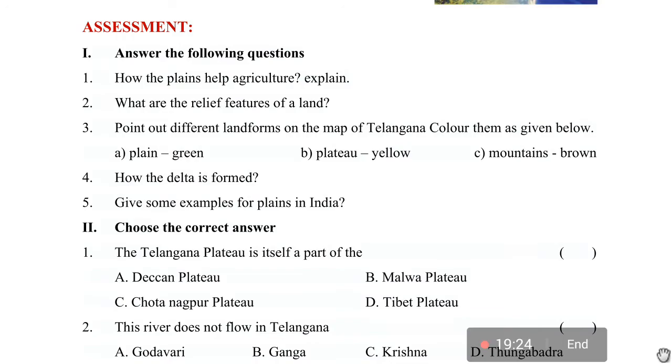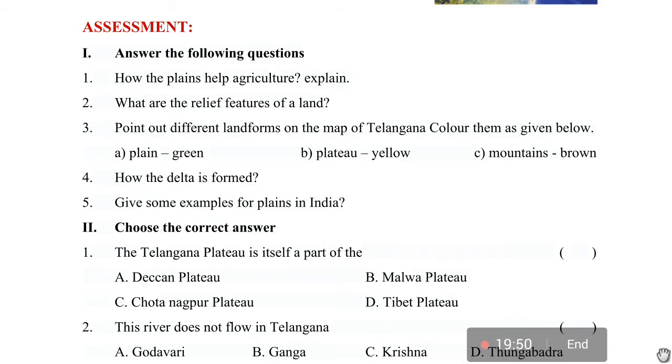Why? Because the rivers bring sediments and waste materials. Using those sediments and waste materials, these deltas are formed near the oceans or seas. A delta is usually called a triangular shape.